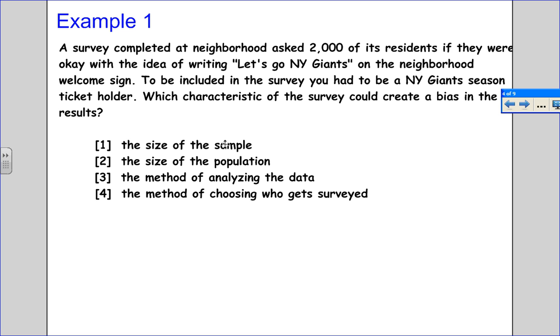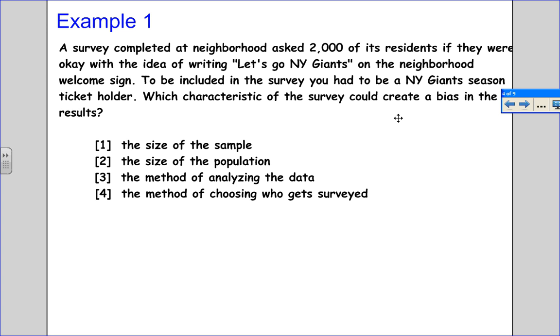So it's not the size of the sample, because they interviewed 2,000 people. That's not what the problem is. The problem with conducting this survey is that you're asking New York Giants season ticket holders. So think about that. You're asking them if they're okay with the idea of writing "Let's Go Giants" on the neighborhood welcome sign. I mean, what do you think they're going to say? You see, the problem with this survey is that the people you're selecting to be in the survey are not selected randomly.